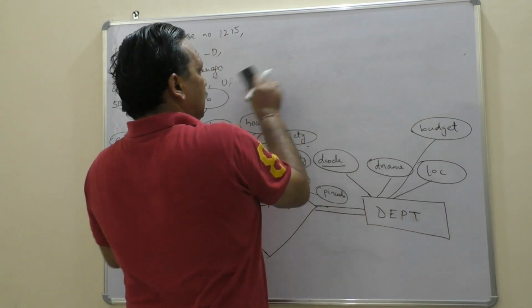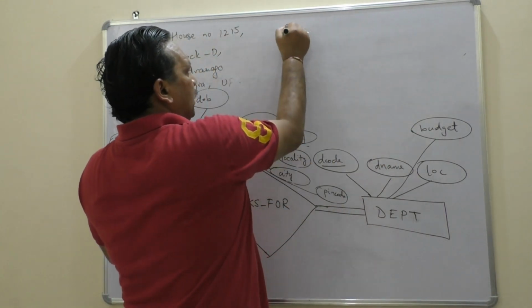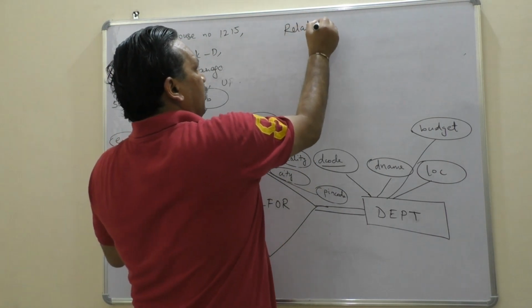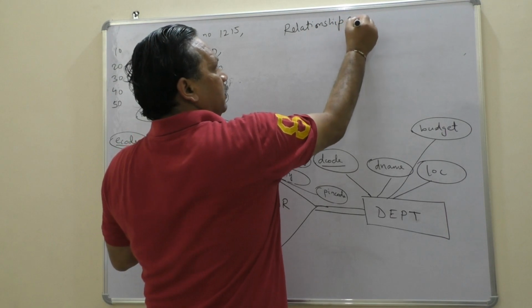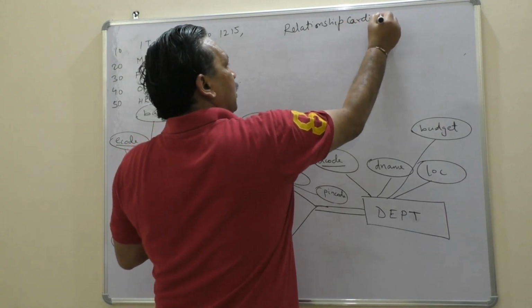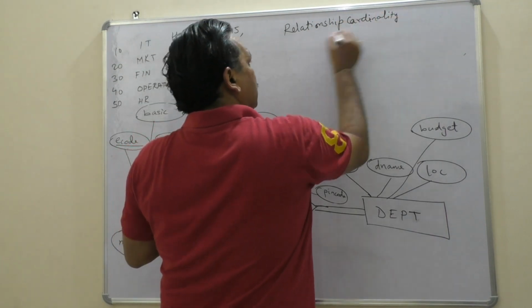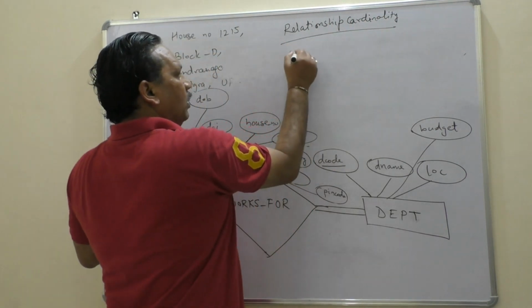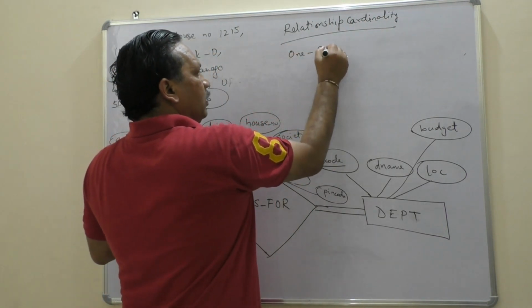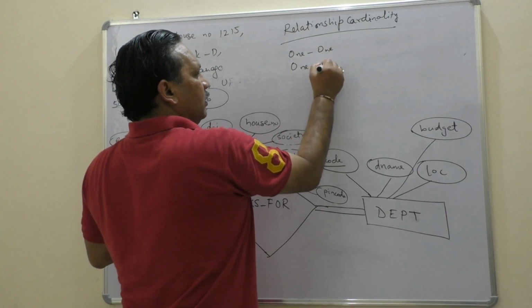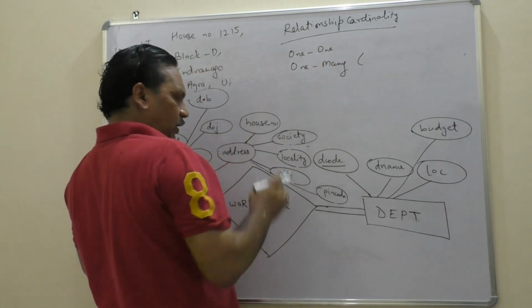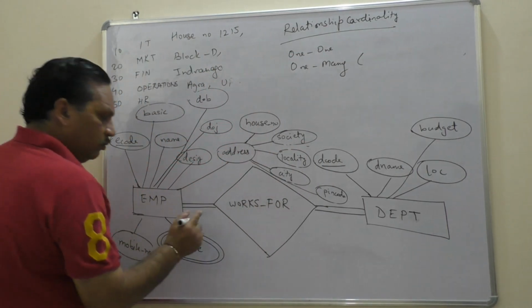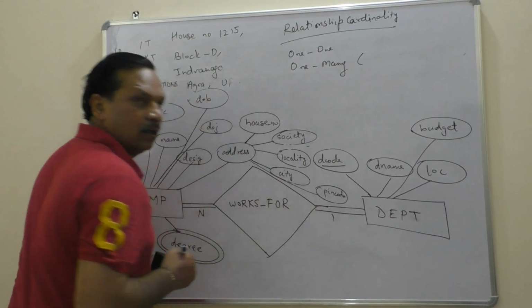So when I said the relationship cardinality, I repeat before I finish, I'll give you an example also. It could be one-one, one-many. If it is one-many from A to B, then from B to A it is many-one.